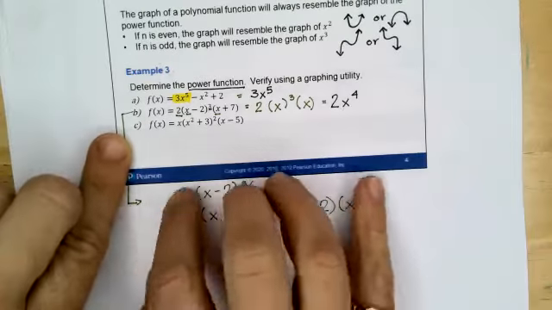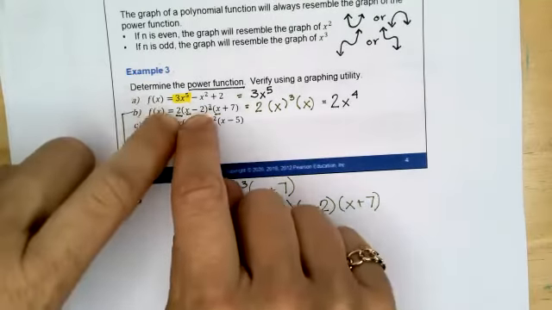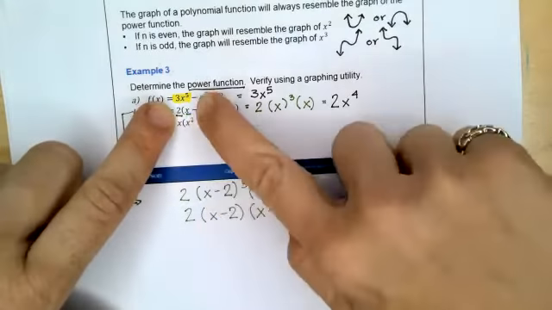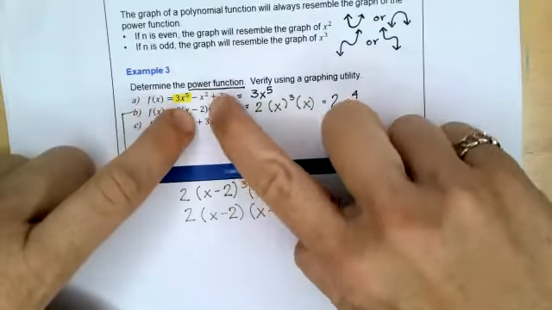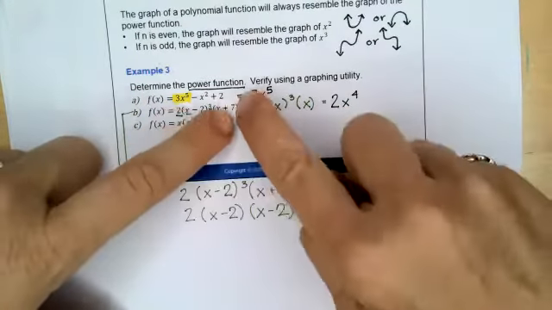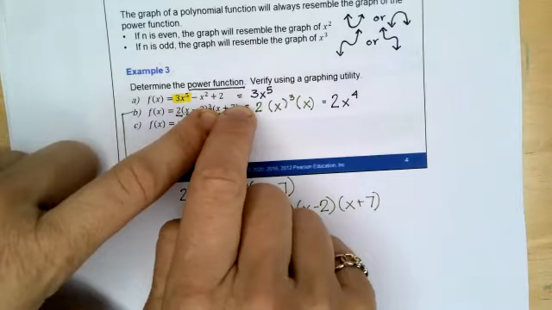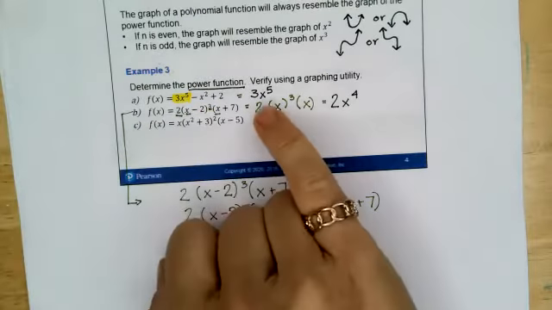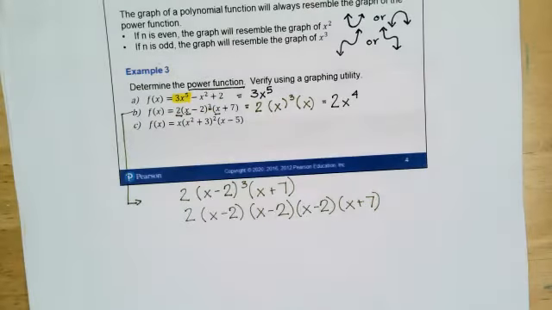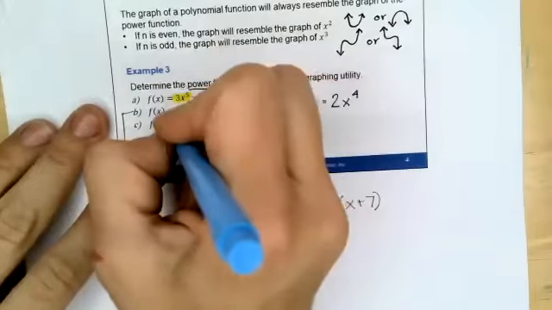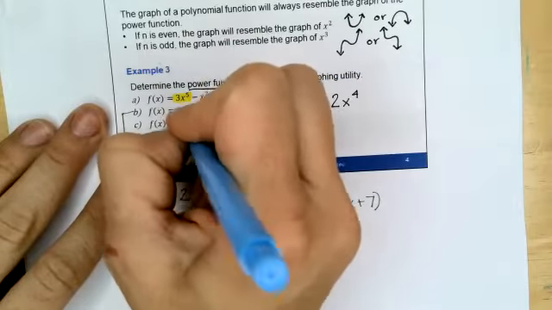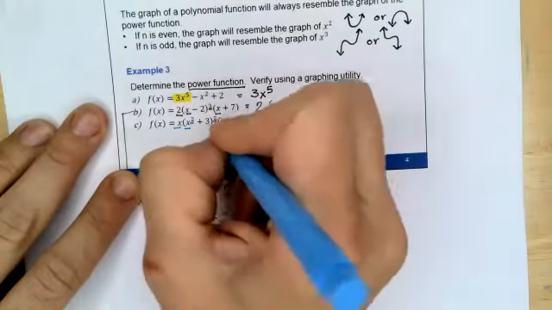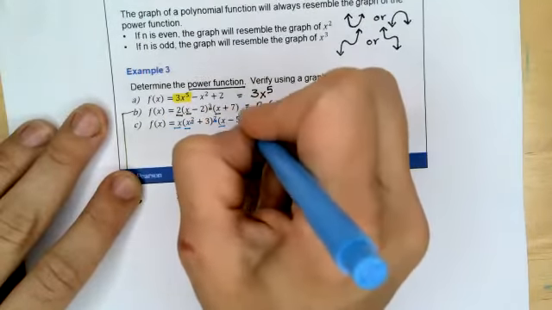So I'm going to skip all of that extra work and just look at my leading term. Leading just means first, right? 2 times x to the third times x. This one's just raised to the first power. 2 times x to the third times x is 2x to the fourth. Here, our leading terms are x, x squared to the second power, and x.